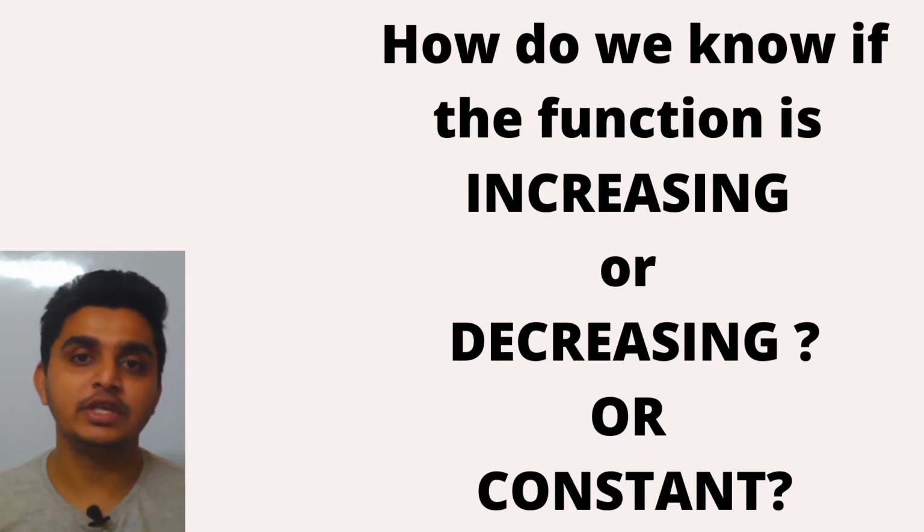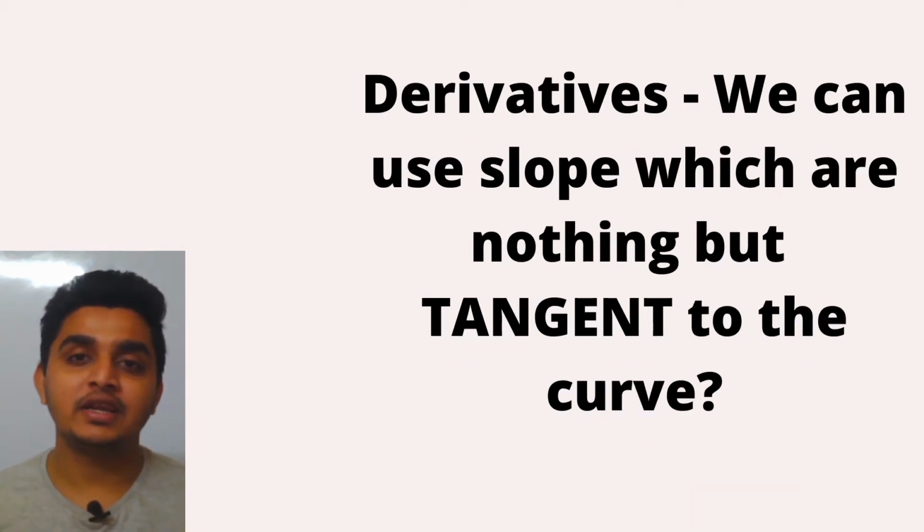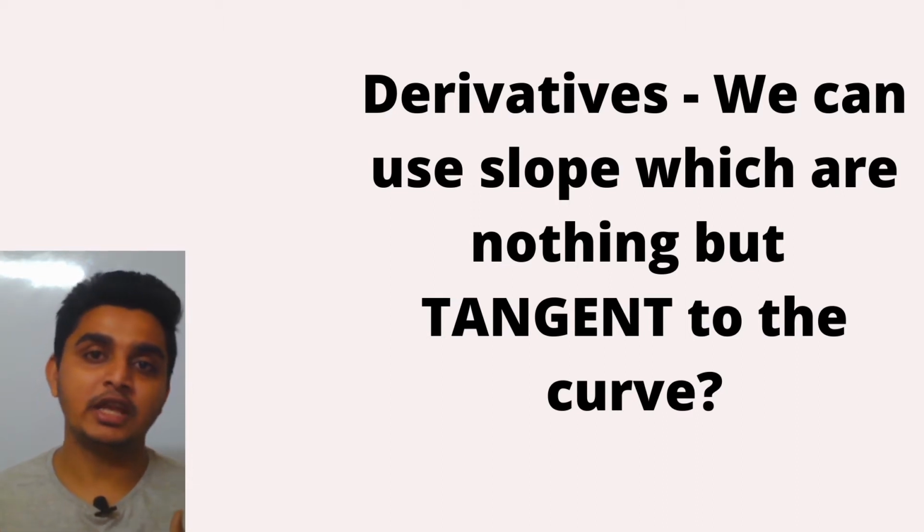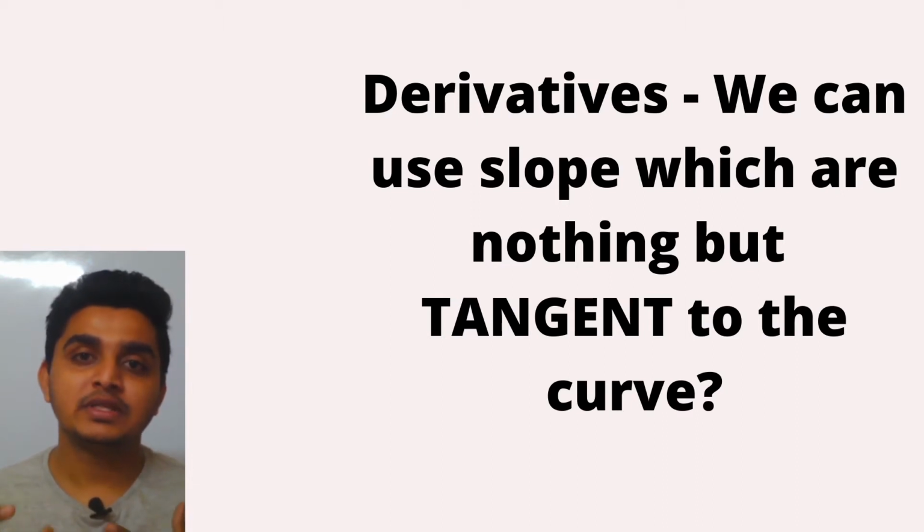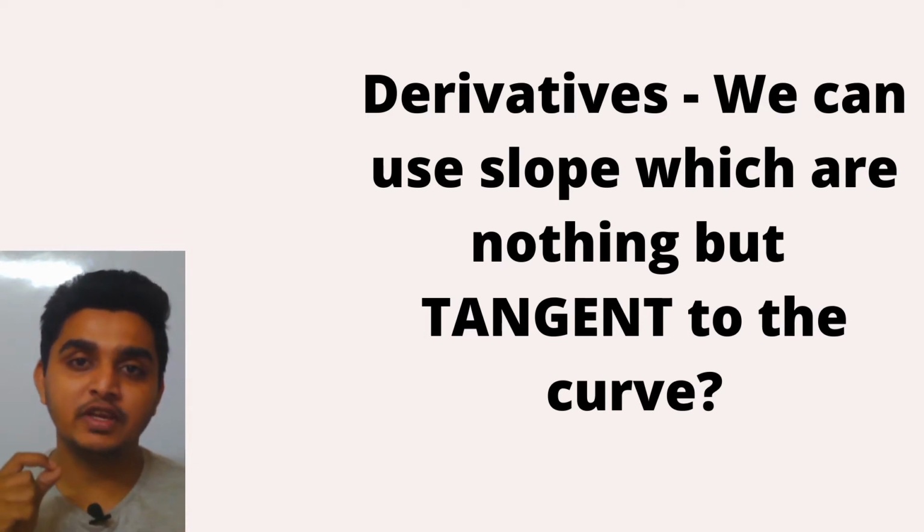Well, for that purpose, since this is an application of derivatives, we can use that tool to understand the slope of the height. Slope is nothing but a tangent, and you can draw some kind of inference from having a tangent at a specific point.